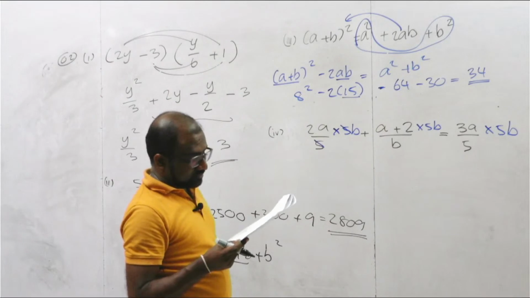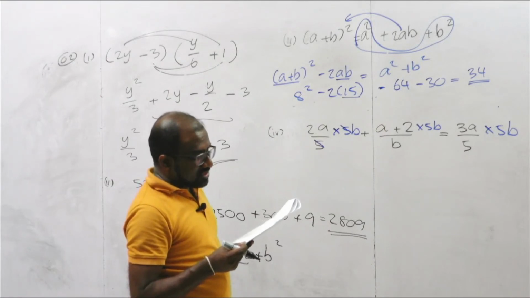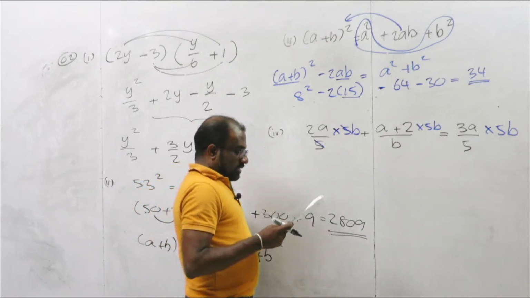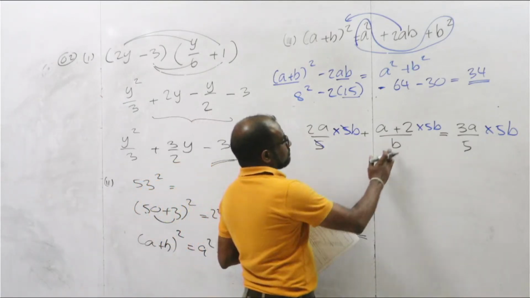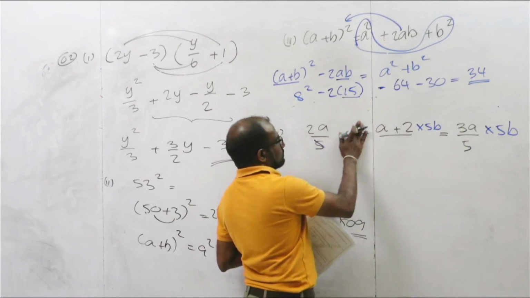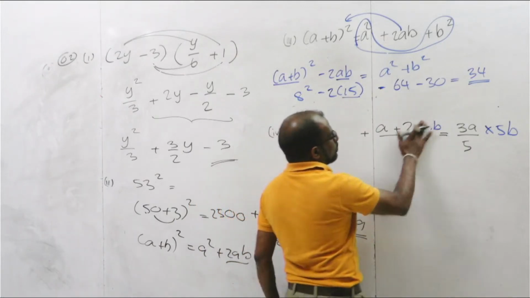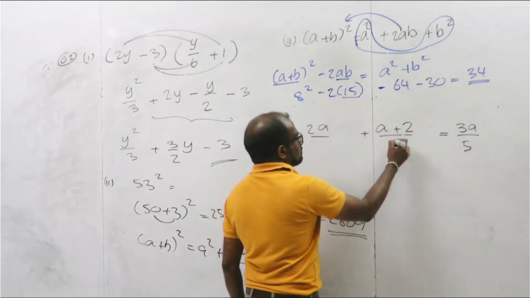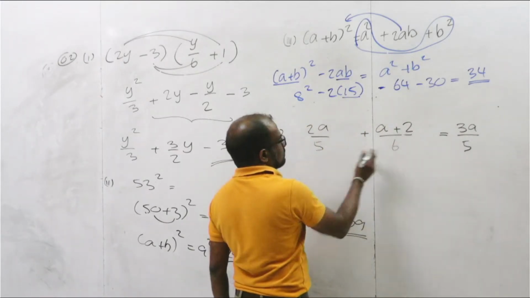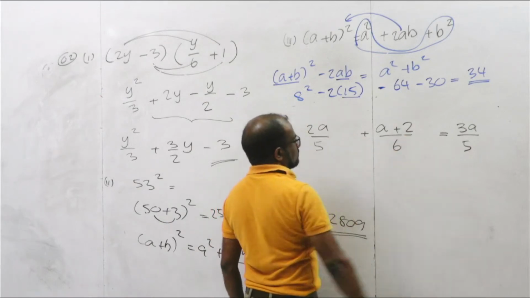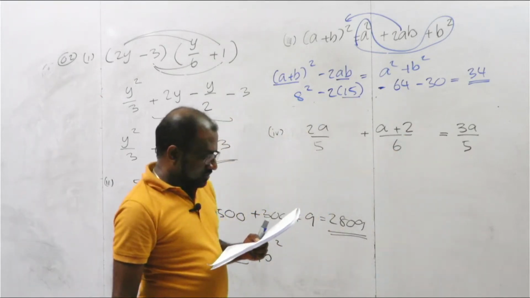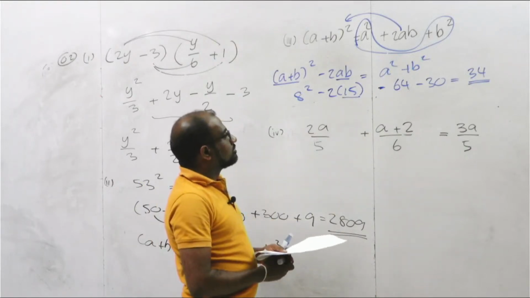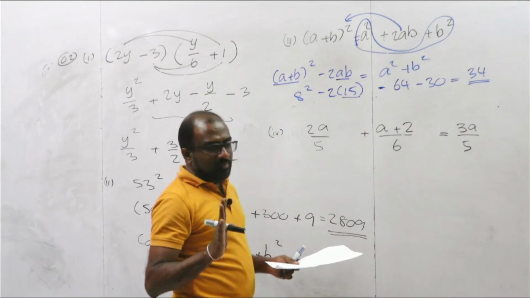It's a simultaneous equation, no? It should be 6. Right? Should be 6.